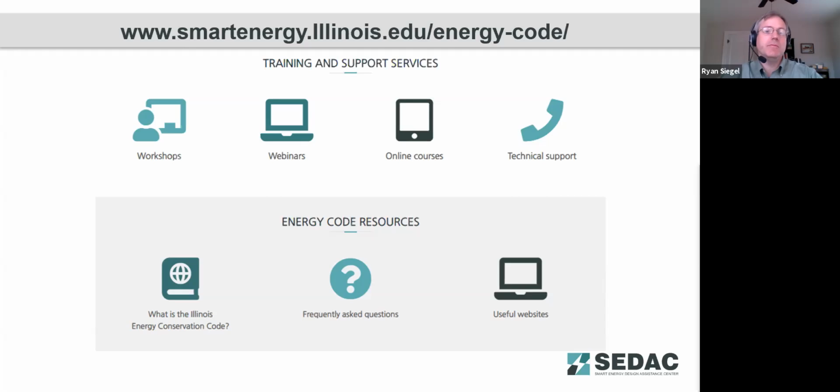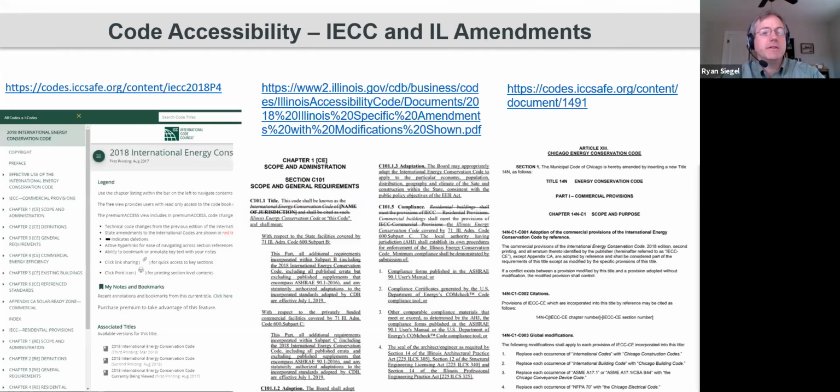Some of these also include things such as links to the International Energy Conservation Code, the Illinois amendments, along with the City of Chicago amendments. We do like to call out and note that the International Code Council does make all of their codes available for viewing online at no cost.